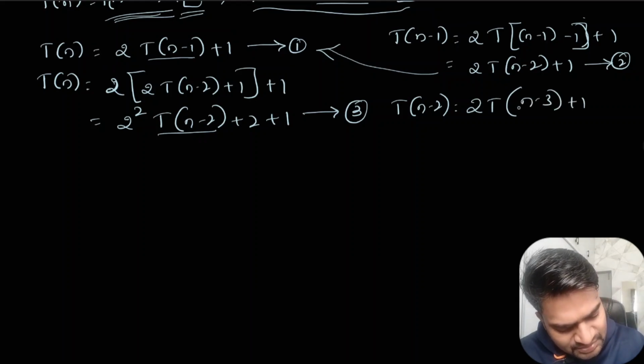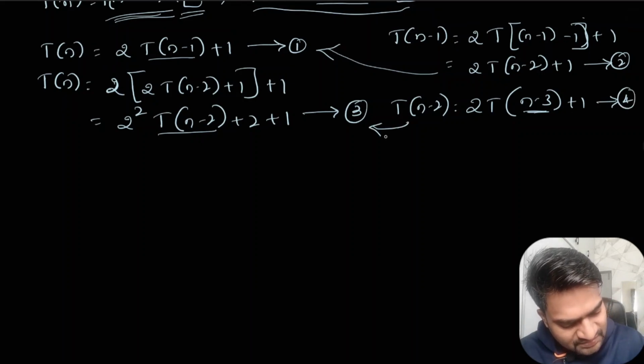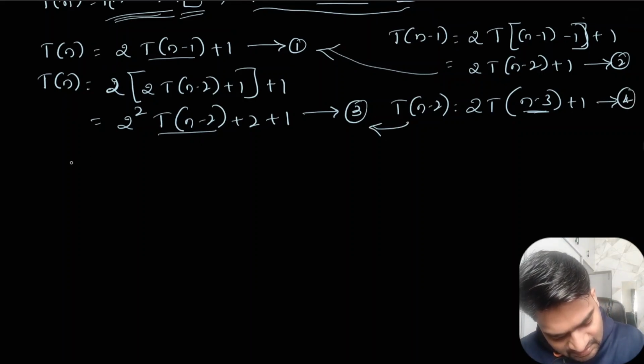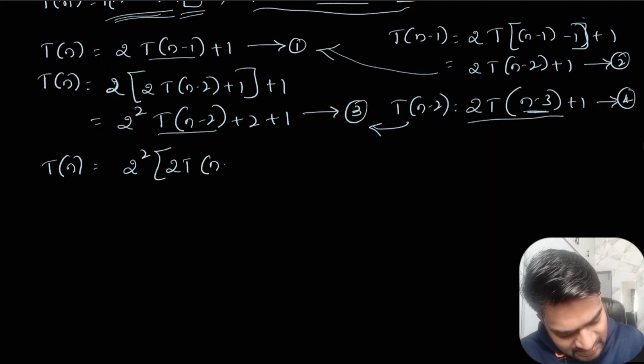We just substituted n minus 2 in place of n, so that we got n minus 3 plus 1 here. So we will call this the fourth. Let's substitute this in equation 3. So our T(n) will be 2 square, and we will replace this with this particular equation. So it will be 2T of n minus 3 plus 1, then plus 2 plus 1.